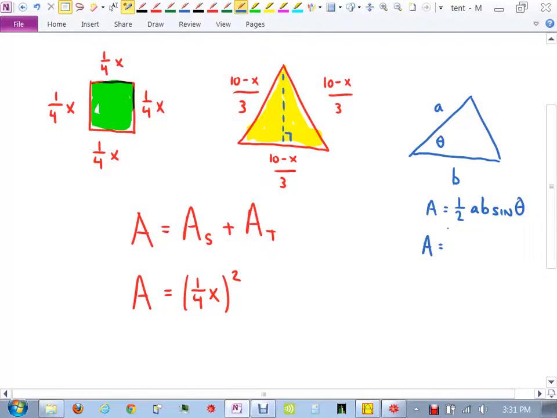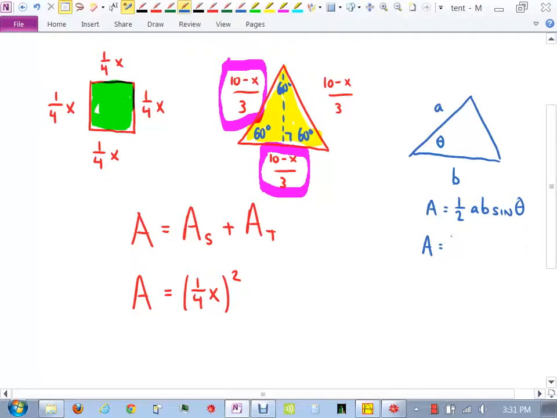For us, do we know two sides of this triangle, the equilateral one? Do we know two sides? Sure. I've got this one. I've got this one. Do we know the angle between them? Because it's equilateral, right? All the angles are the same. This is 60 degrees in here. 60, 60, 60.